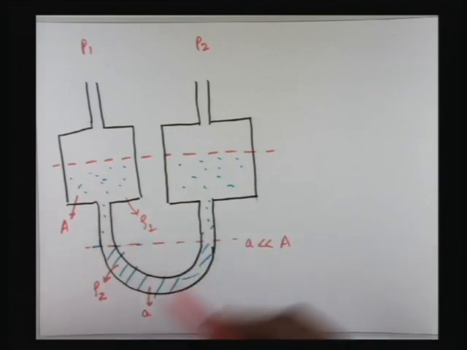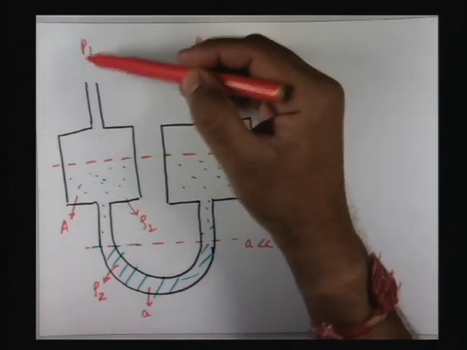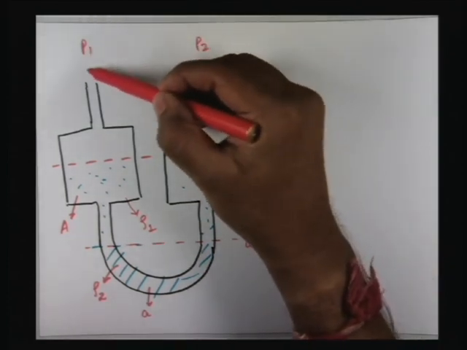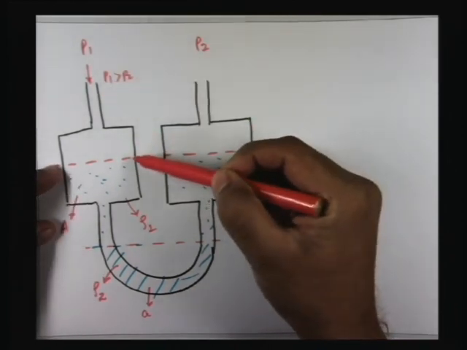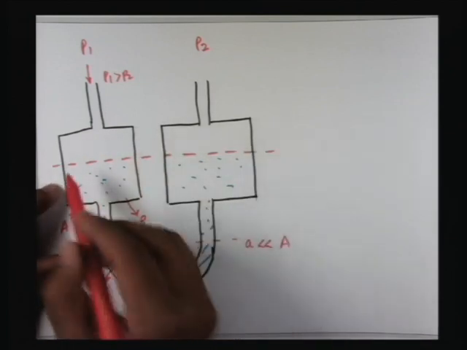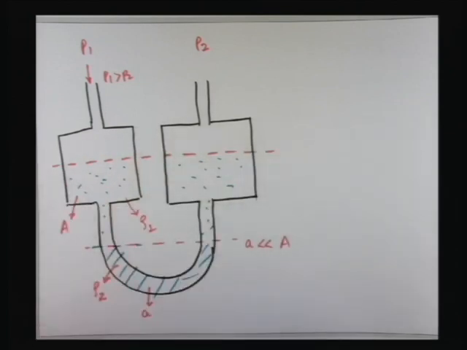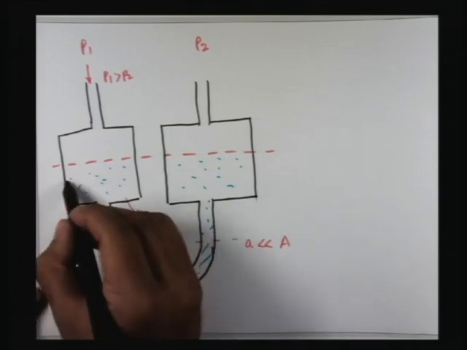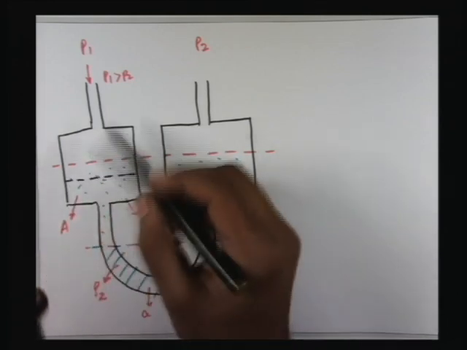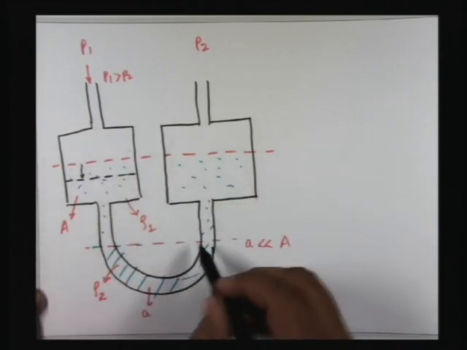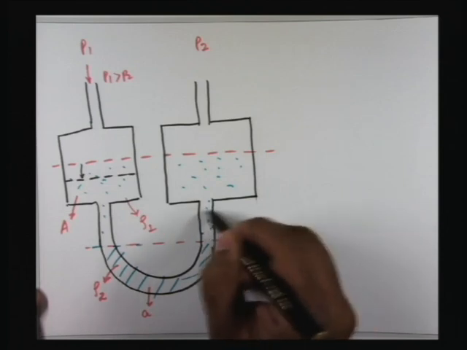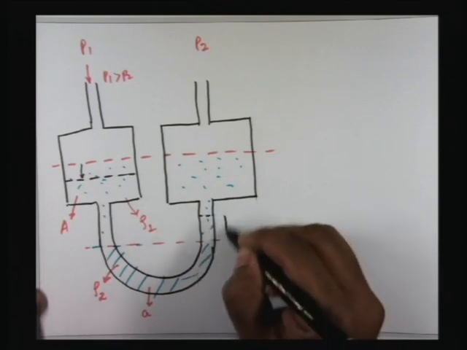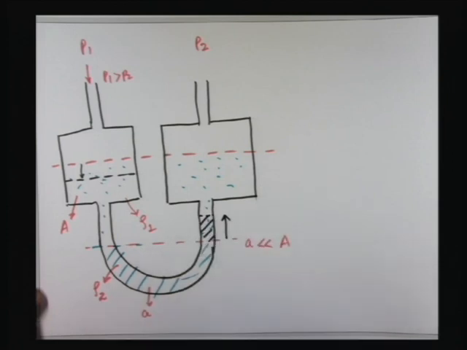Right? So if there is a differential pressure, that is P1 is greater than P2, then the level in the left hand side reservoir will decrease. So if this level decreases, this level will be pushed up, as a result of which liquid in this limb will increase. Okay, this is pretty clear, right?